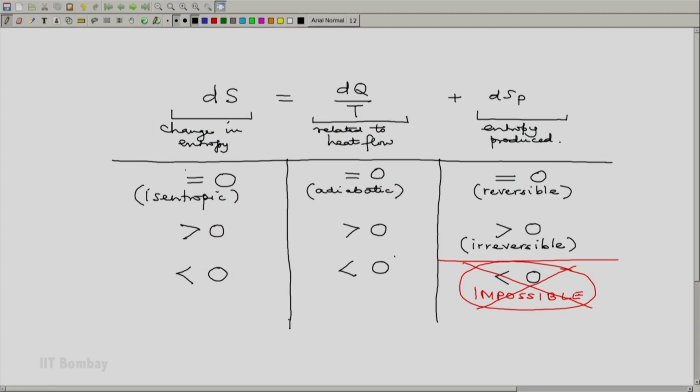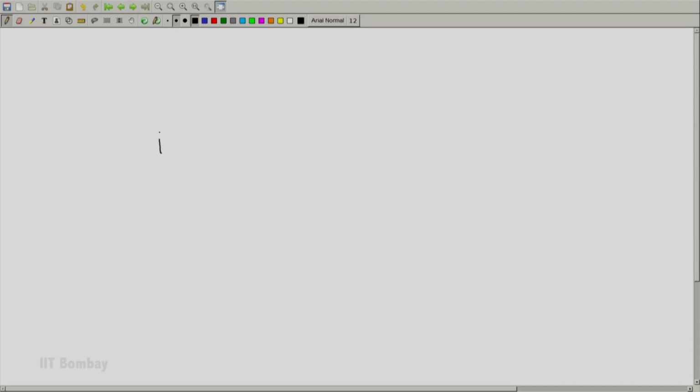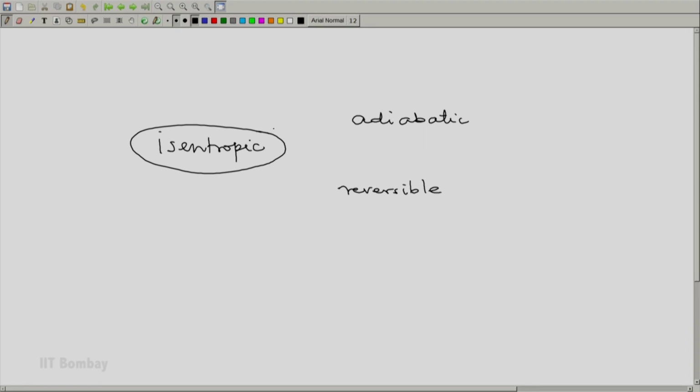neither isentropic nor adiabatic. So we should realize that the three adjectives, isentropic, adiabatic and reversible, mean three different things. We must appreciate their independent definitions. They are related to each other, but not very strongly.